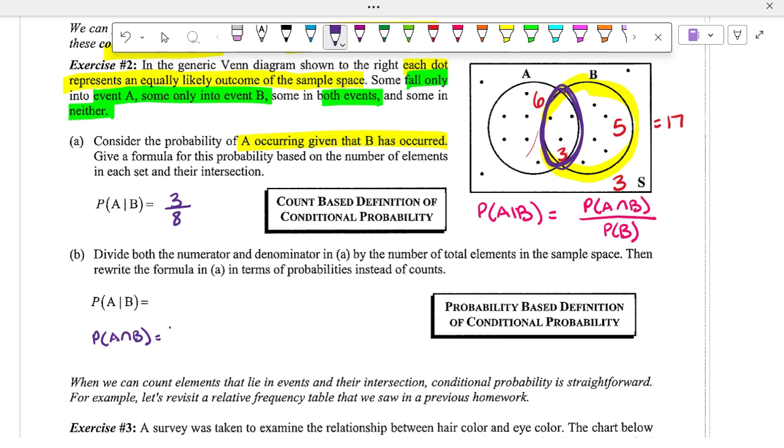You're overthinking it. This is just a simple one. What's the probability of both A and B happening in this sample? 3 out of 17. What's the probability of B happening? 8 out of 17.